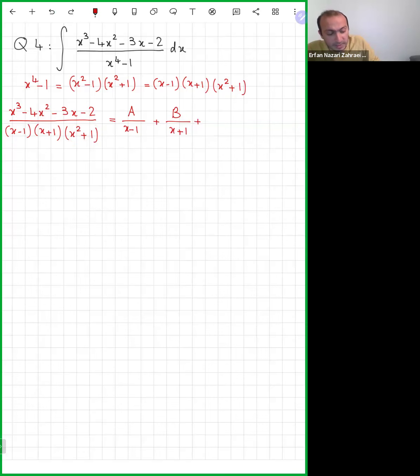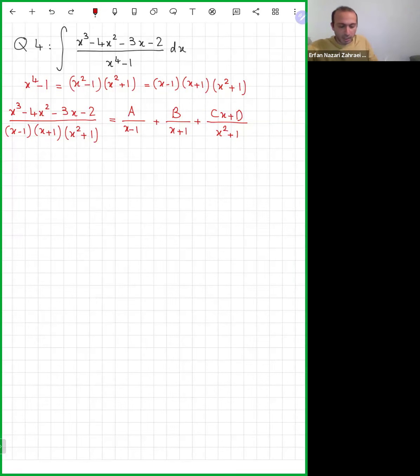Contribution of this term: it's irreducible quadratic and its multiplicity is 1. So it has again one contribution, but because linear is one degree lower than quadratic, on top I have a linear term. Note that the degree of the denominator is 4, and I have 1, 2, 3, 4 constants to find, 4 unknowns to find.